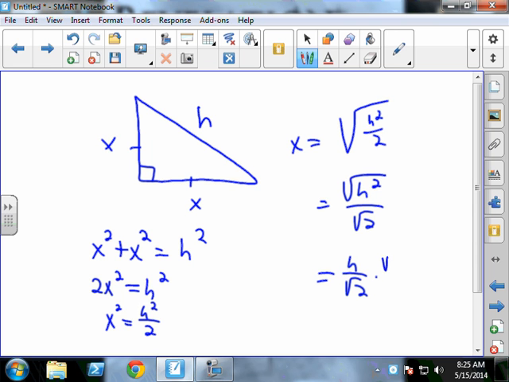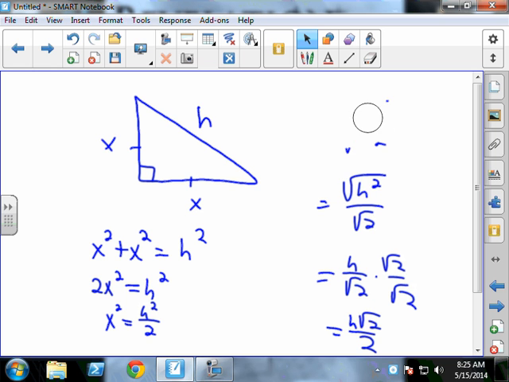I've got to multiply by rad 2 over rad 2, so it's h rad 2 over 2. Is that right? Did I do that right? No, because it's supposed to be longer. I solved for x. I was solving for h. Crap, sorry about that. Led you down a rabbit trail.